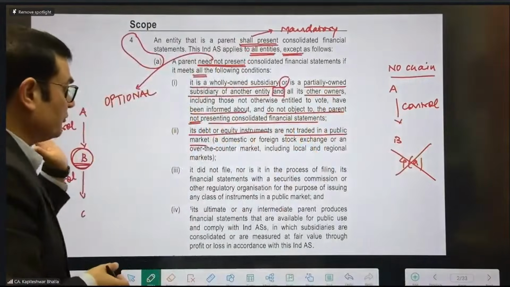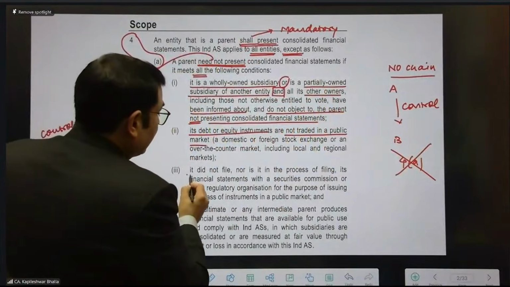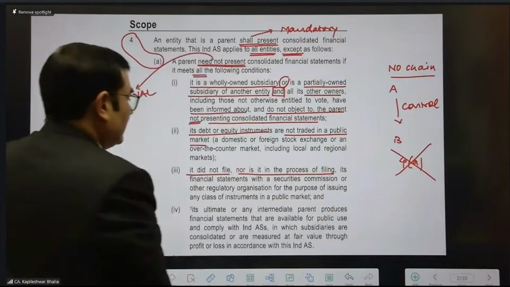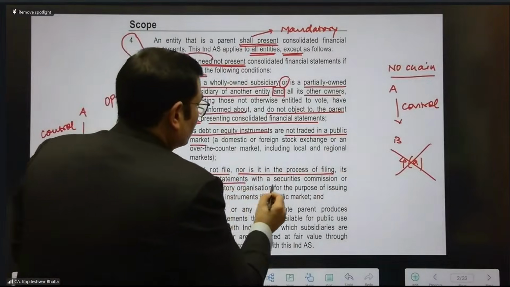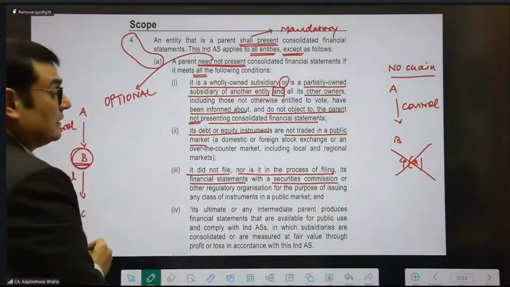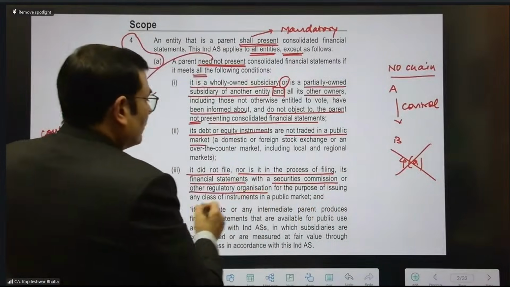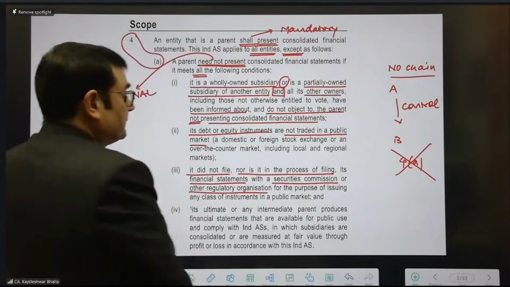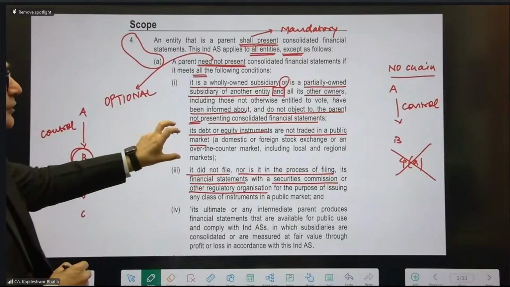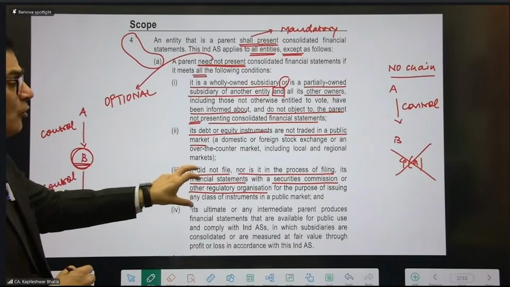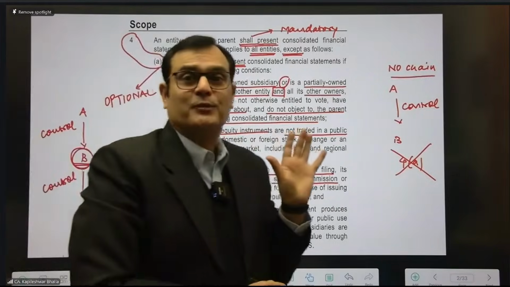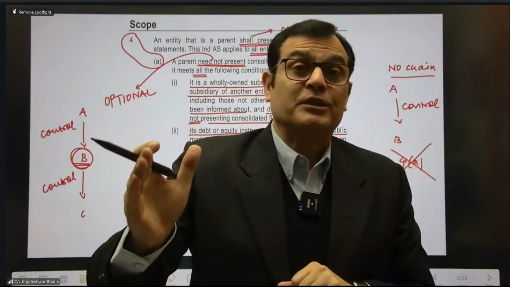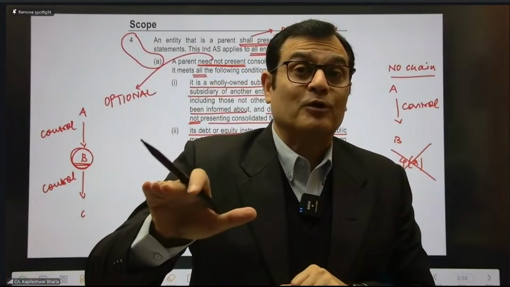Then comes clause number 3. It says B did not file, nor is in the process of filing, its financial statements with the Securities Commission, SEBI in this case, or other regulatory organization for the purpose of issuing any class of instruments in a public market. Which means neither is it listed, as in condition number 2, nor is it in the process of getting listed. So they made it very clear that B Limited is not listed today, nor is it in the process of getting listed.